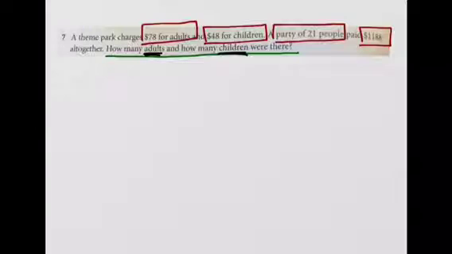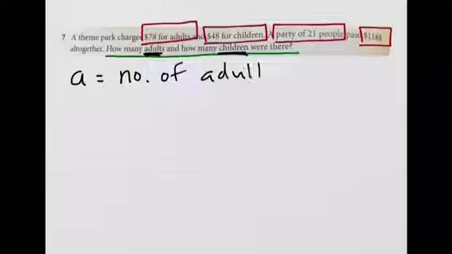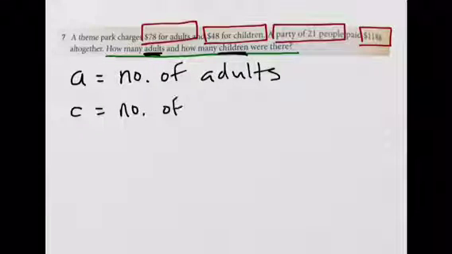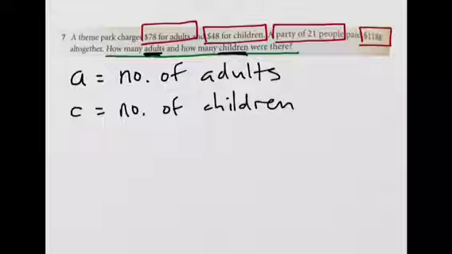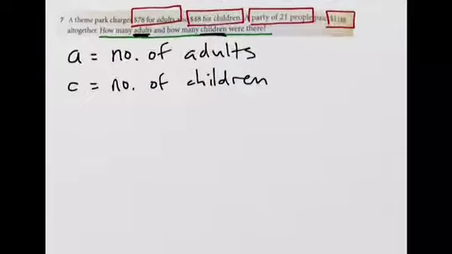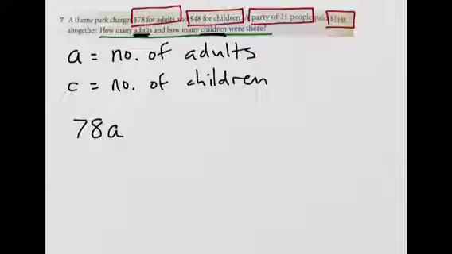We know that each adult costs $78. So let's define some variables. A equals the number of adults. And let's say C equals the number of children. Now we can start writing some equations. 78A means the money you get from adults: you take the number of adults and multiply it by $78.